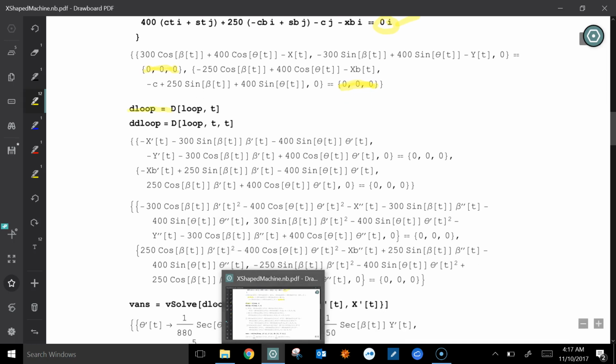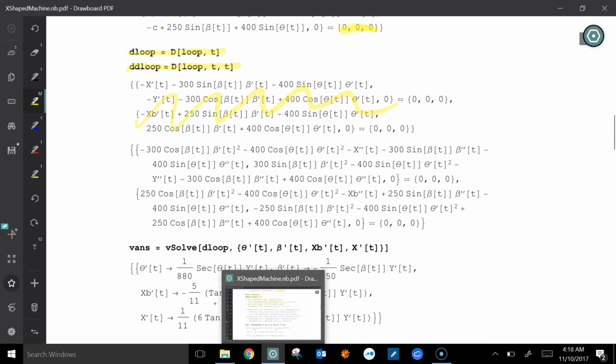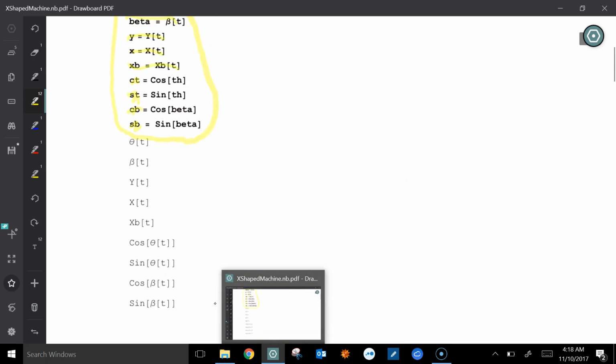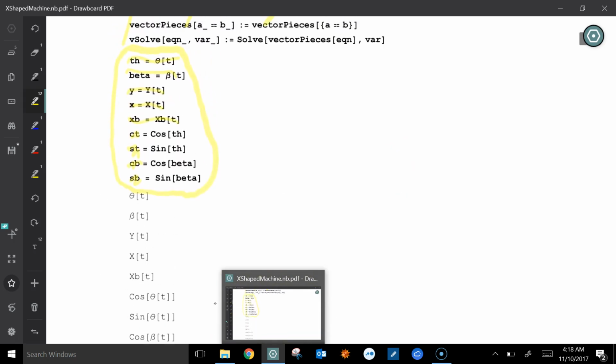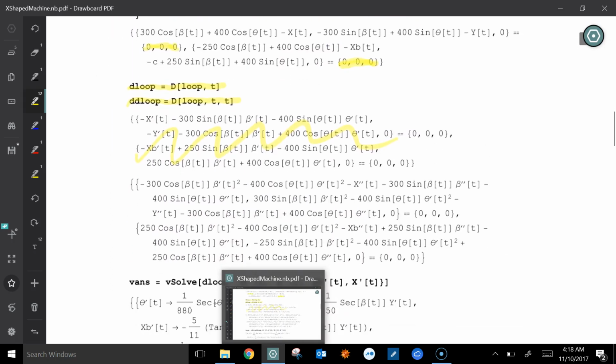You take two derivatives. You only take one if all you want is velocity. But this is the derivative of the loop, and here's the second derivative. All right, and they're ugly. Ordinarily, when I actually do this, I don't bother to print it because who cares, right? But anyway, if you notice in here, the variables that were defined up here, theta, beta, x, y, xb, so 5 variables, show up as ticks, and that's what you would expect.